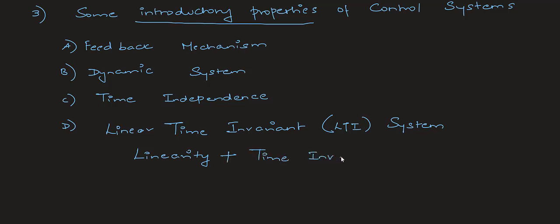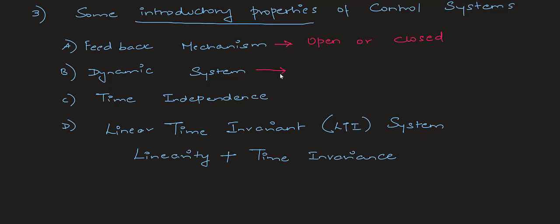For the last property, we have two properties integrated into a single entity, linearity and time invariance. We will see what these two are separately, and then why they are important for control system, and why they are integrated as an LTI system.